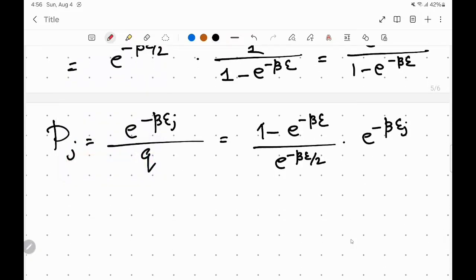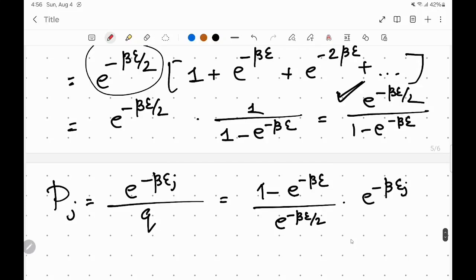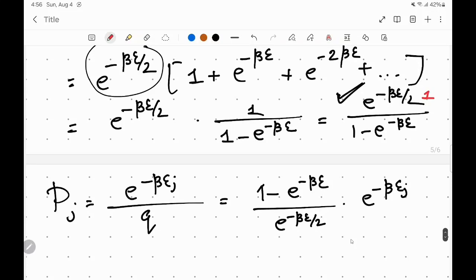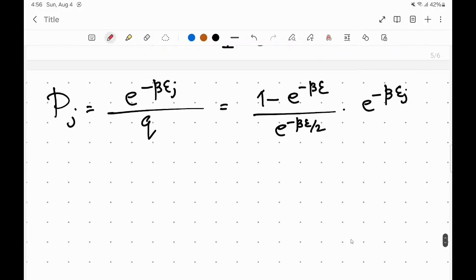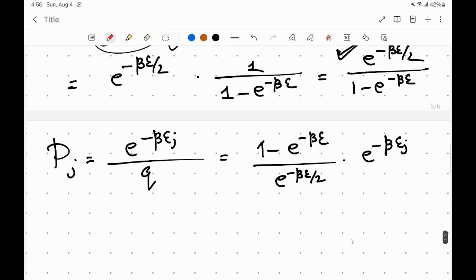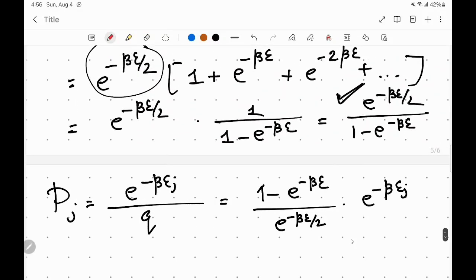But for simplicity, we just ignore it. This is the real one because it has zero point energy. This is the correct one. While doing numerical problems, you can see that this value will be very small because it is epsilon by 2, so compared to the other values you can ignore it. But for the actual value, you have to consider this.